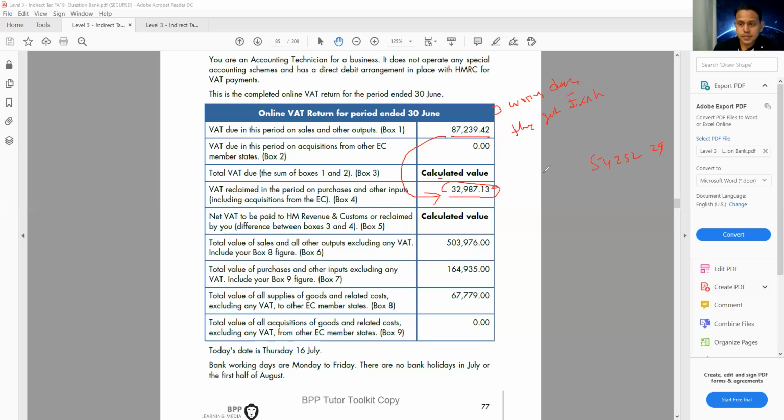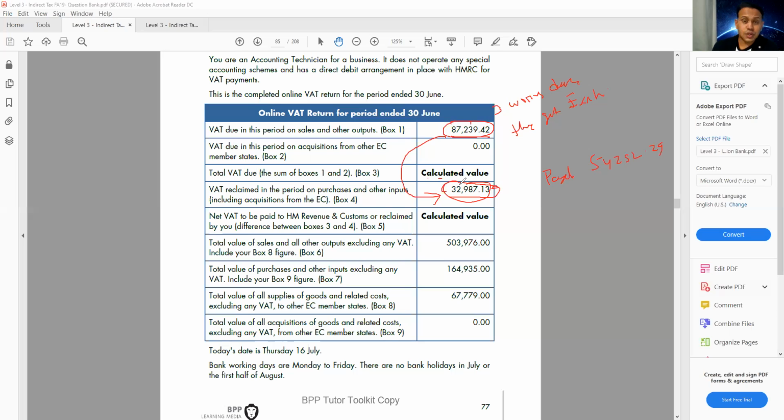Well done, right? And this is payable, isn't it? It's payable. Why is it payable? Because my output VAT is more than the input VAT. My output VAT is 87 and my input VAT is 32. So that is payable. I have to pay, because my liability is more than the expense. My output VAT is more than the input VAT.